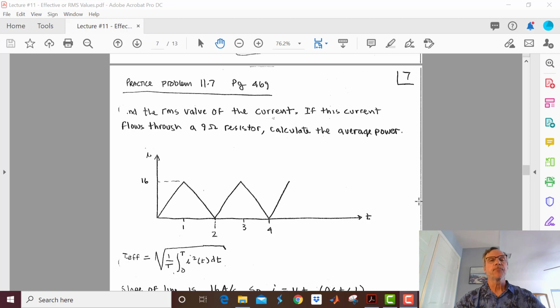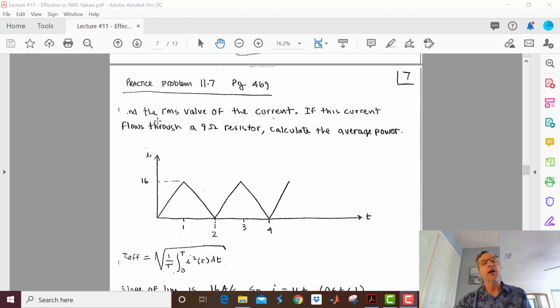Let's do a problem now. In this problem, we want to find the RMS value of this triangle wave current source. And then if that current flows through a 9 ohm resistor, we want to calculate the average power. I like the way they divided this problem up because they said, first of all, find the RMS value of the current.